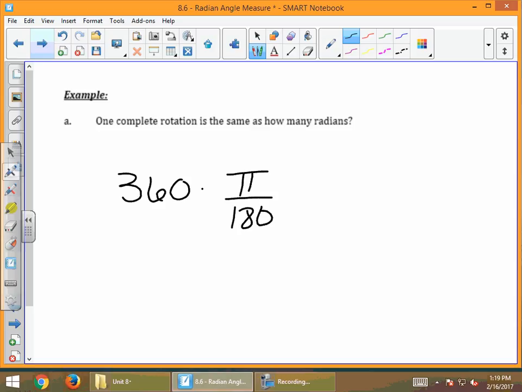So degrees to radians, pi over 180. And again, you just ignore pi. We want to leave things in terms of pi. You don't have to worry about it. You just have to focus on the fraction. So you just, in your calculator, you do 360 divided by 180. What do we get? 2. So that's equal to 2. Tack on the pi. Done. 2 pi radians is one full circle.